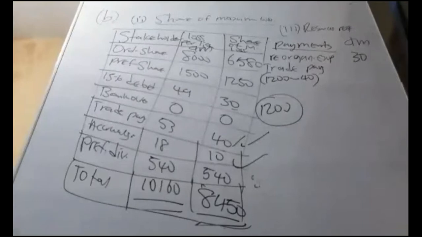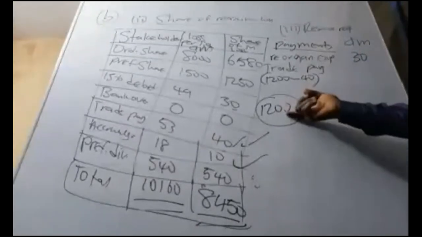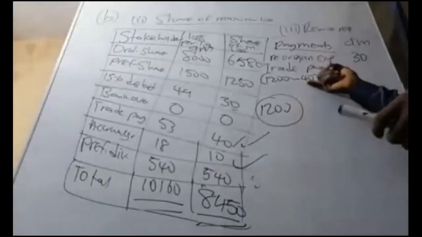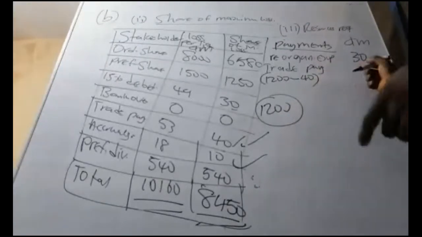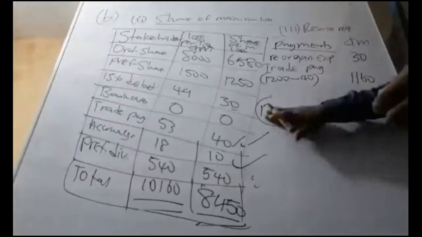The balance will be 1,160, because their value is 1,200, and then we are scrapping off 40, so we should pay them 1,160.